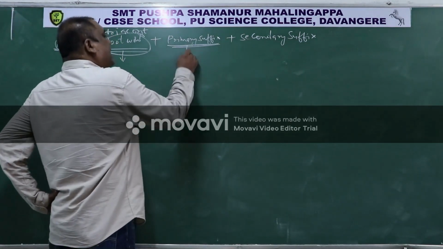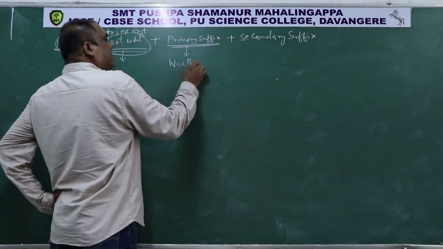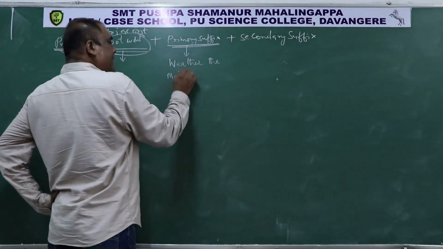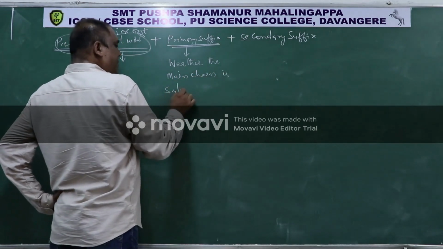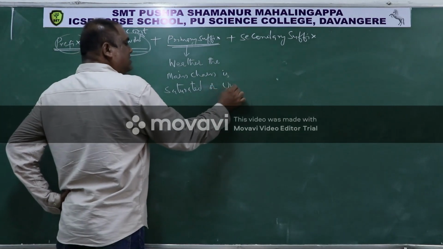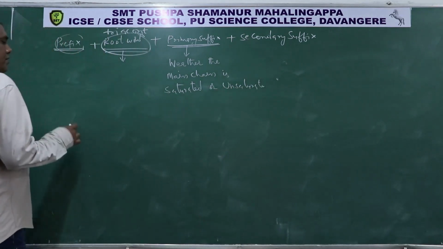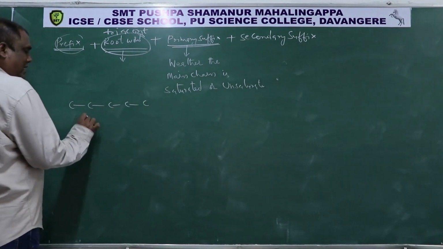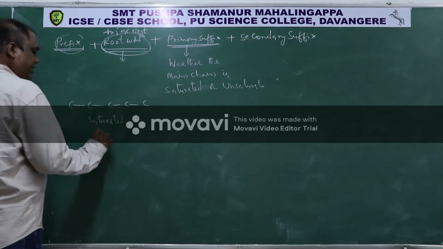Now, this primary suffix indicates whether the main chain is saturated or unsaturated. Suppose in the main chain all single bonds are there, then the main chain is said to be saturated main chain.